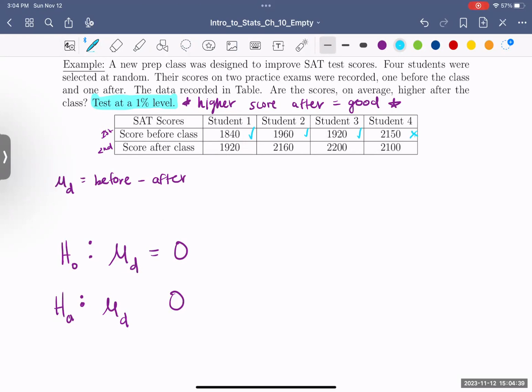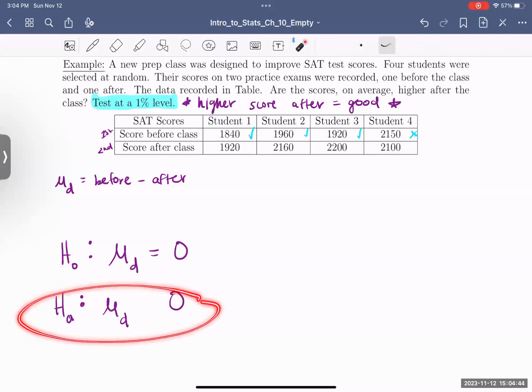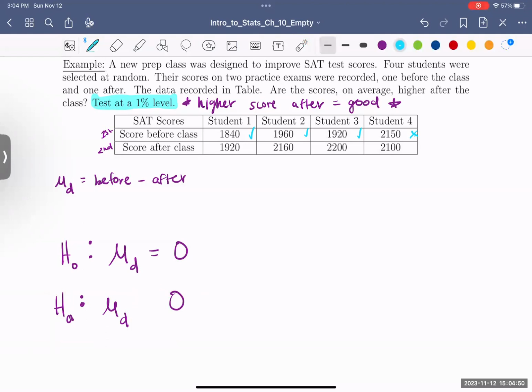And again, we're really just looking, is it a positive difference or a negative difference? Because that's going to tell us if we want a positive greater than 0 or negative less than 0. So let's look at this first one. If I subtract these 2 right here, 1840 minus 1920 is equal to negative 80.